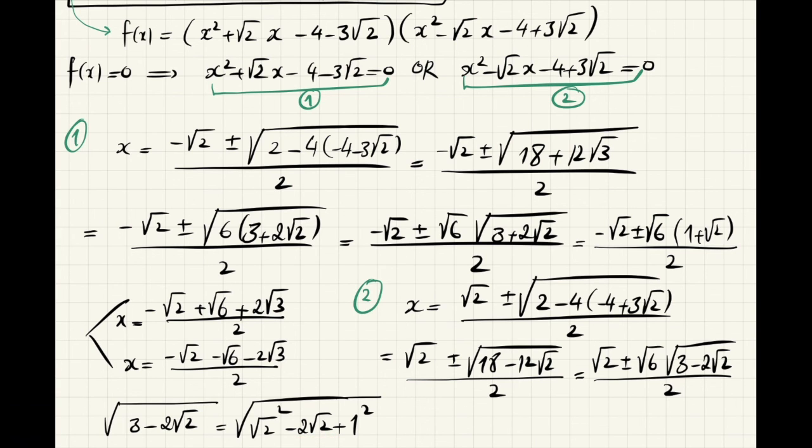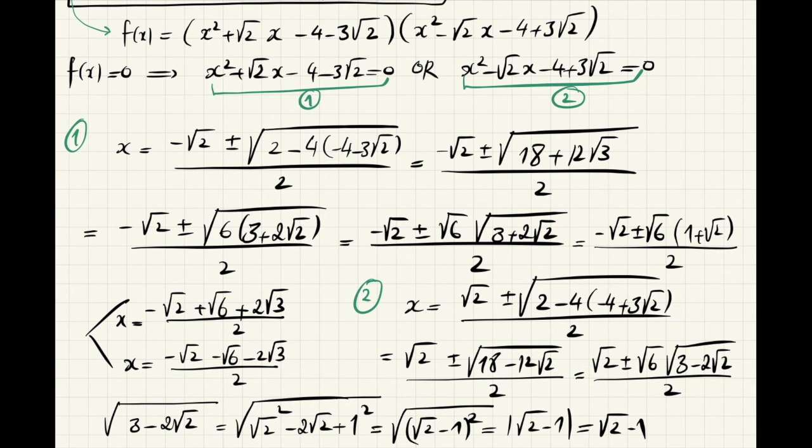So this is the quadratic pattern, so it becomes square root of 2 minus 1 to the power of 2, so it becomes the absolute value of the square root of 2 minus 1, but the square root of 2 minus 1 is positive, so it becomes the square root of 2 minus 1.